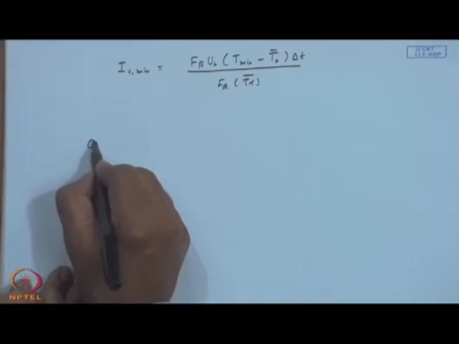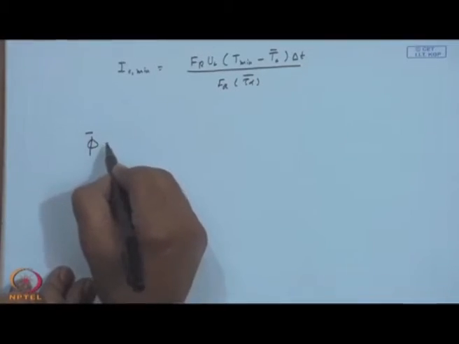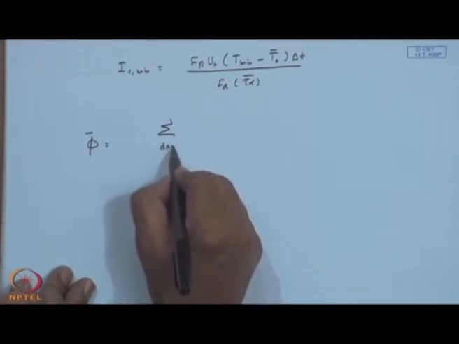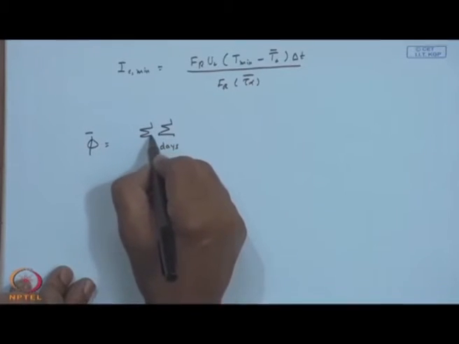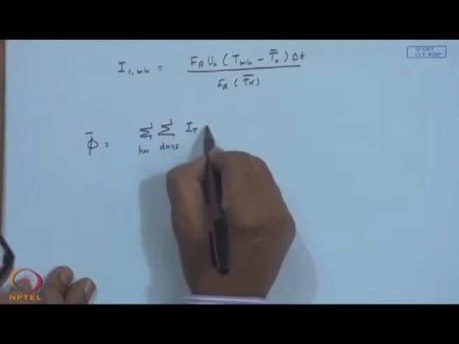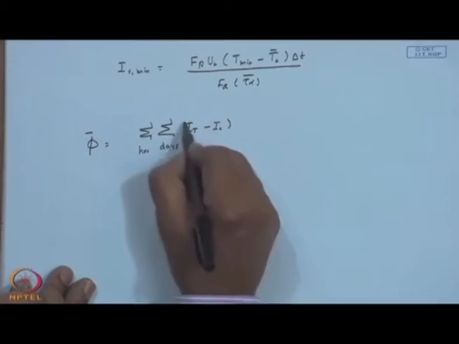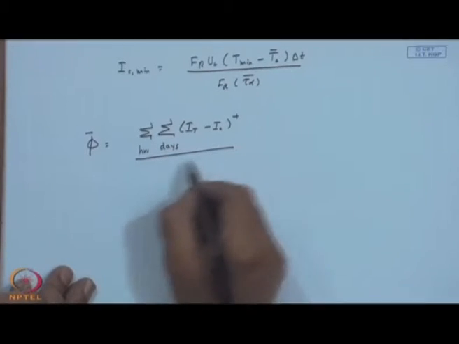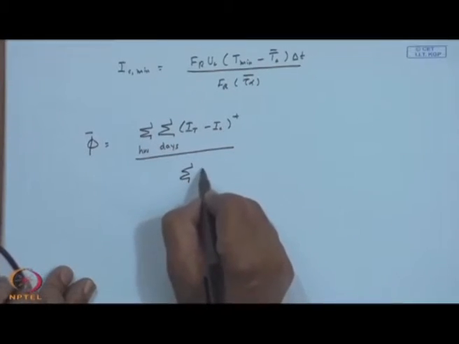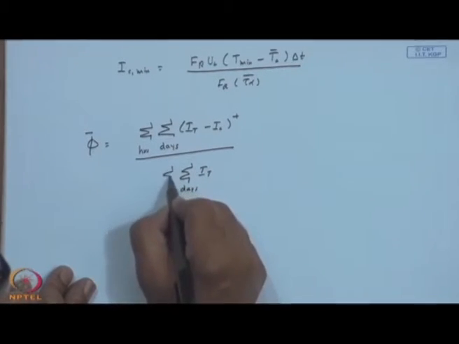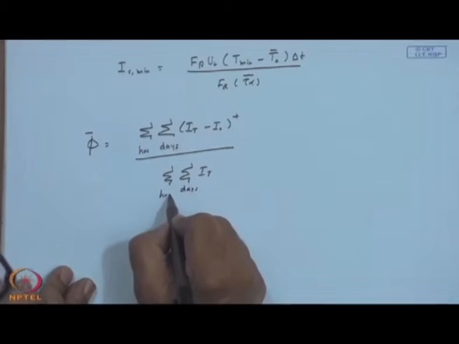So, from the definition, how do I write down my phi bar? It should be equal to the summation over days, over hours, of (It minus Ic)+ by the sigma of It over days, over hours.